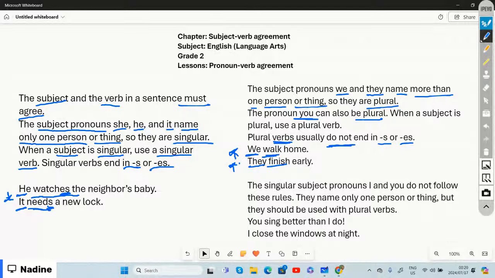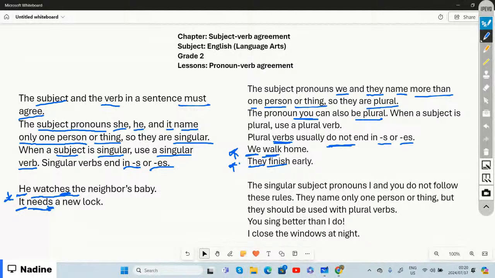And we say that if we have a singular subject, then our singular subject needs to agree with our singular verb, and then our verb ends with an S or ES. That is when we refer to one person or one thing. Then our verb ends with an S or ES.